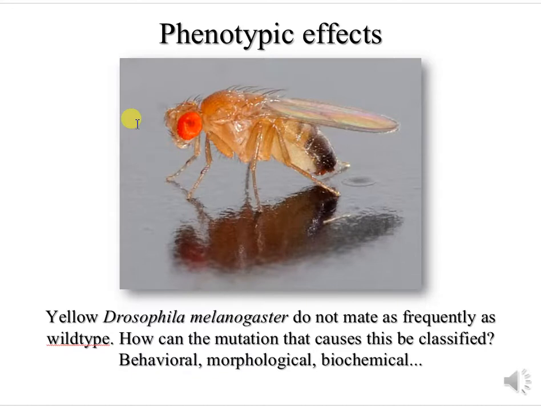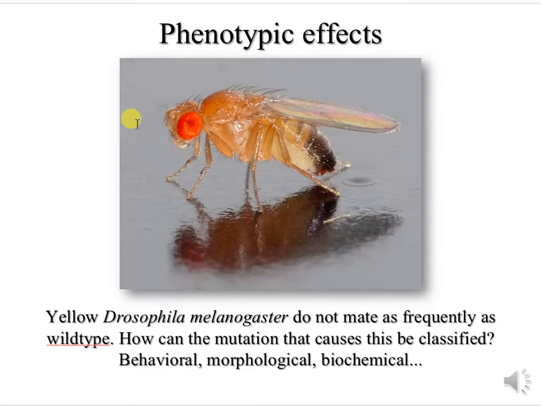Those are all phenotypic effects, and it goes parallel to this idea of pleiotropic genes, which are genes that create a variety, quote unquote, of phenotypes that are seemingly unrelated.